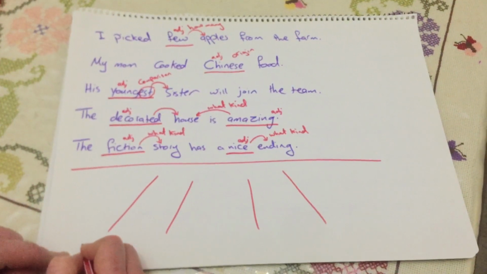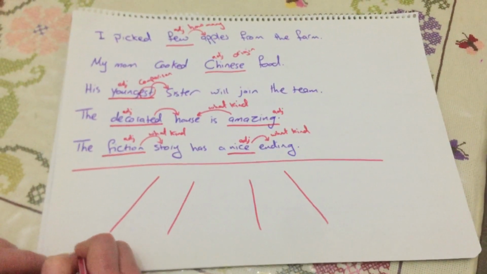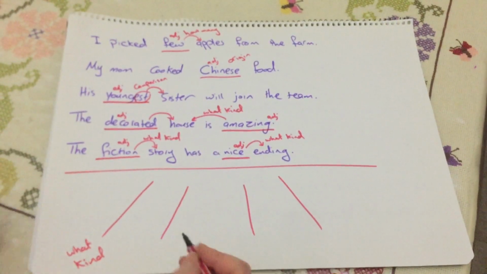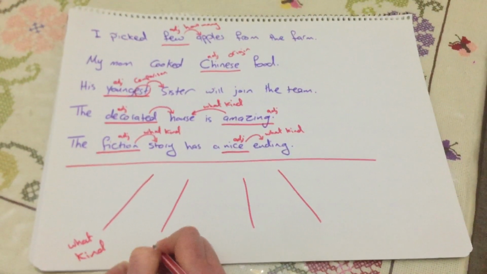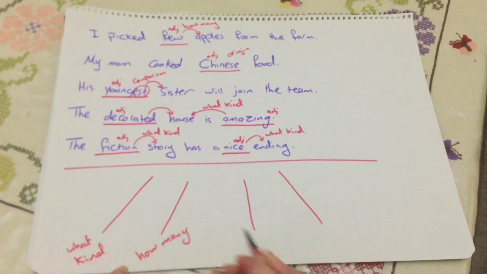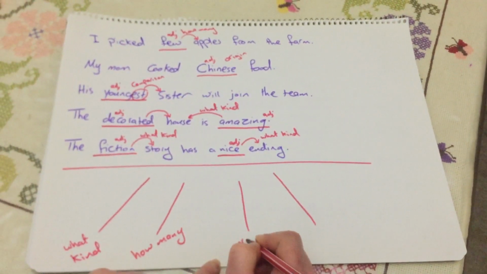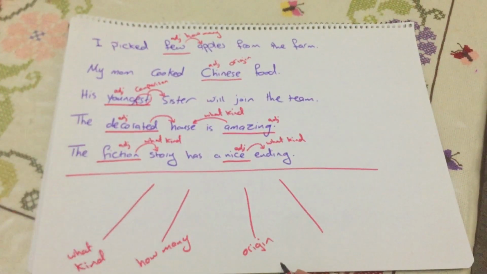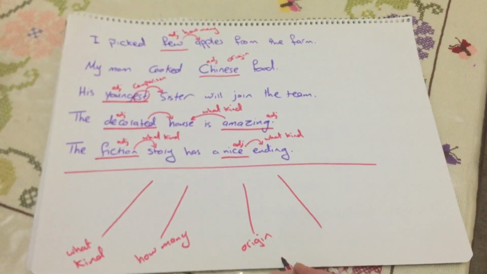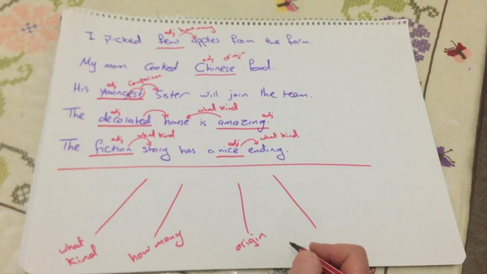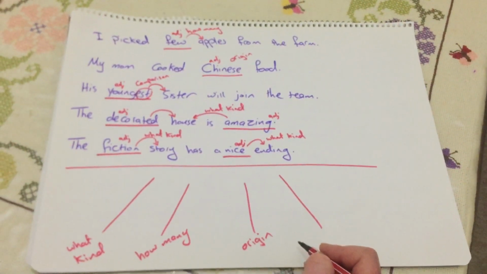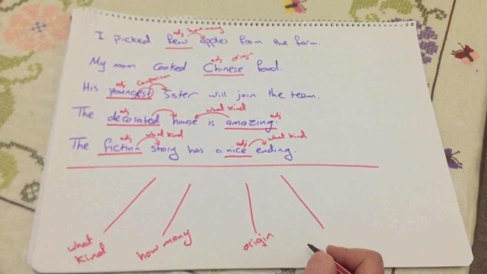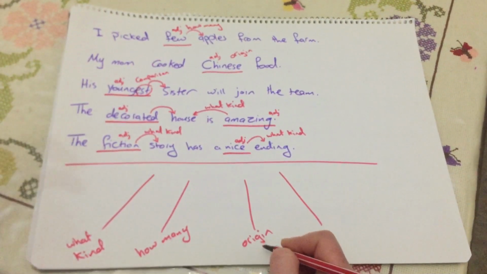We have adjectives that show what kind of the noun we have, and the other one shows how many of the noun we have, or it shows the origin of the noun, especially when it is related to countries or refers to a country like Chinese, Jordanian, American, Mexican, French, Arabic, English. All of these are adjectives that show origin.